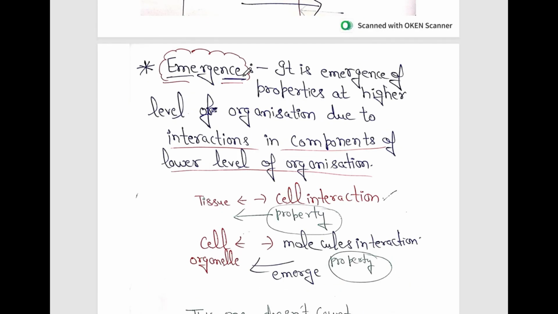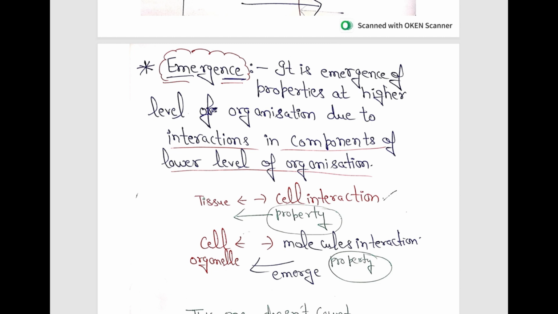Now, last point, emergence. It is not that much important, but still, it is the emergence of properties at a higher level of organization due to the interaction of components of a lower level of organization. For example, molecules to organelles: proteins, lipids, and other molecules interact to form organelles like mitochondria, which perform energy production functions.